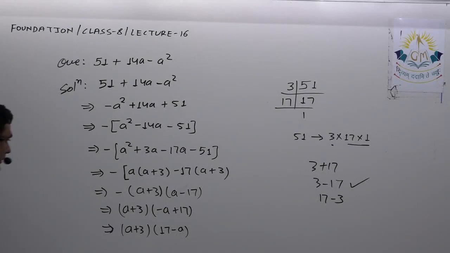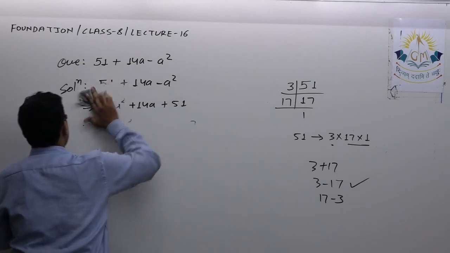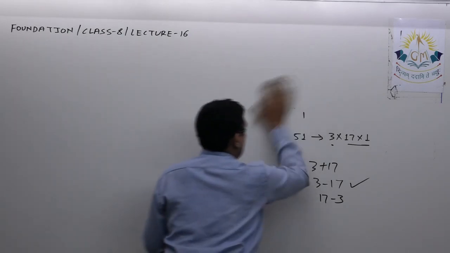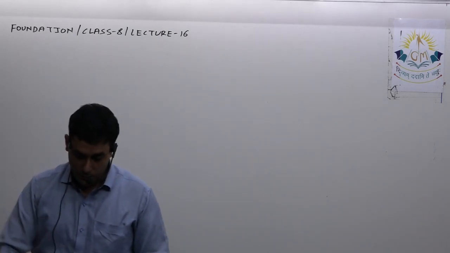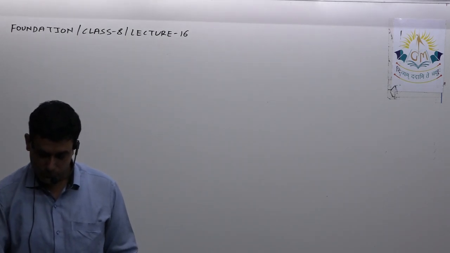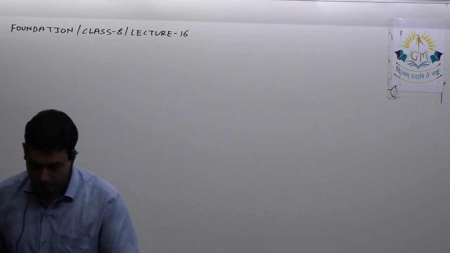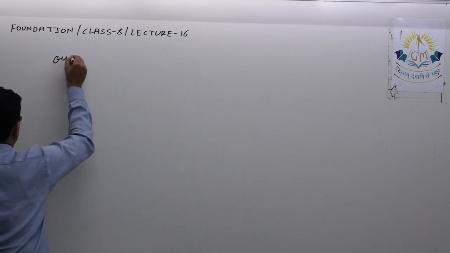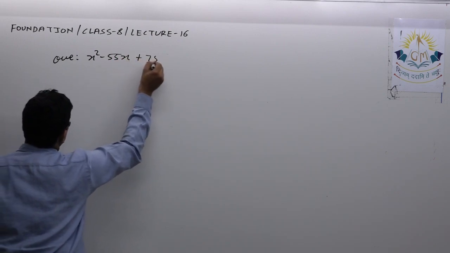Okay, now let us see the next question. Okay, next is x square minus 55x plus 750. x square minus 55x plus 750.